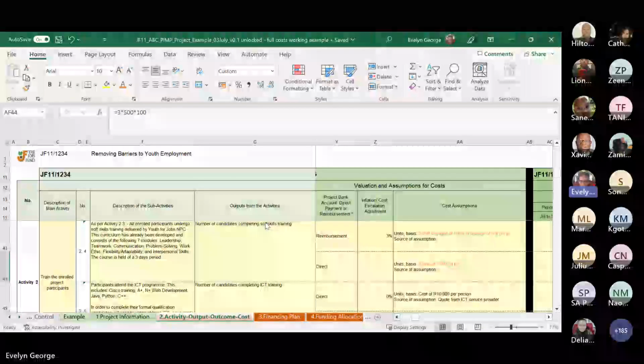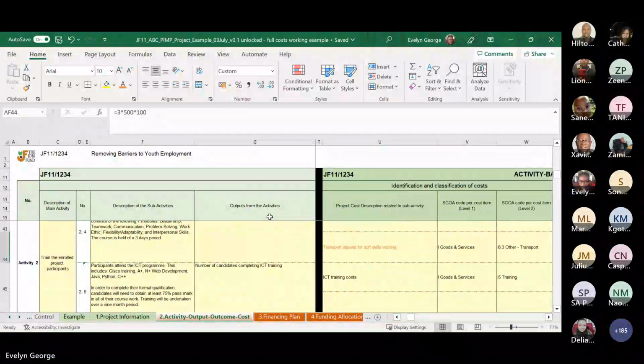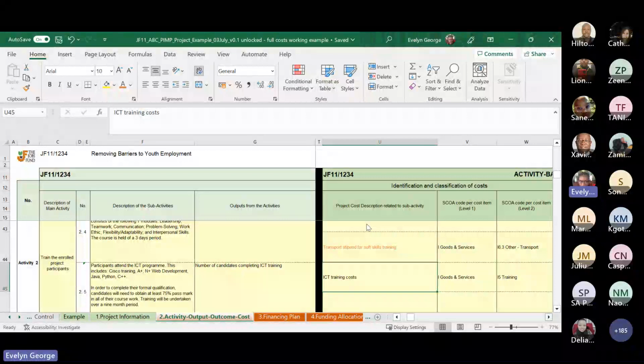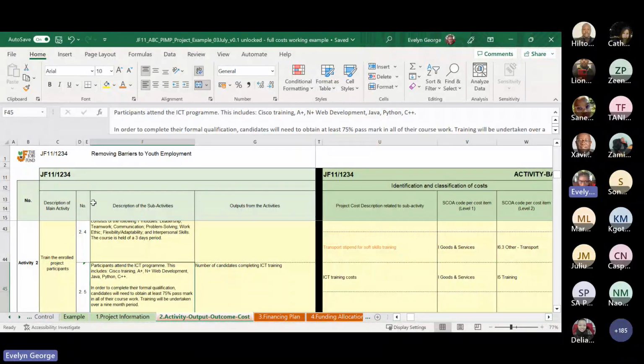So maybe let me do the other part of these same 2 staff members. No, I won't do that. Let me deal with training costs. So again, there's the actual training, which is in the programs listed here, and there it was pre-populated for you.